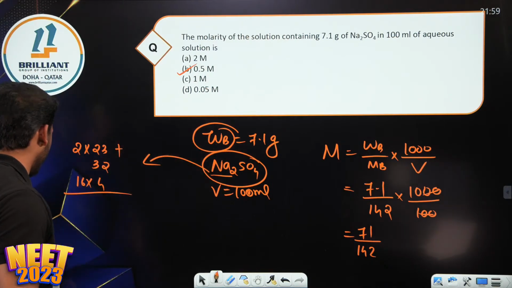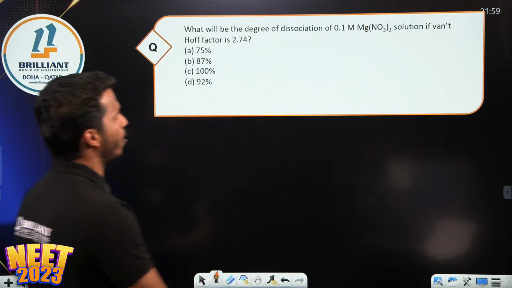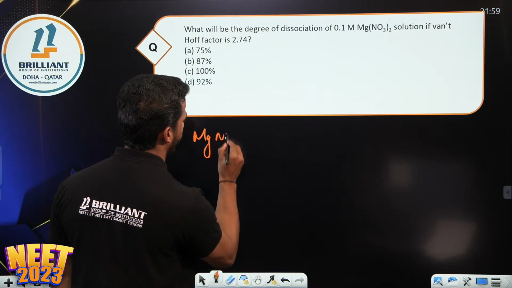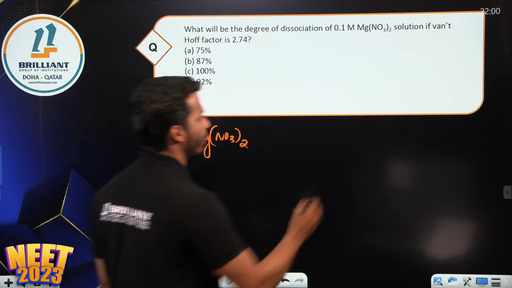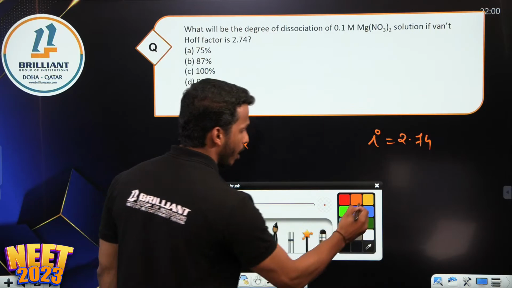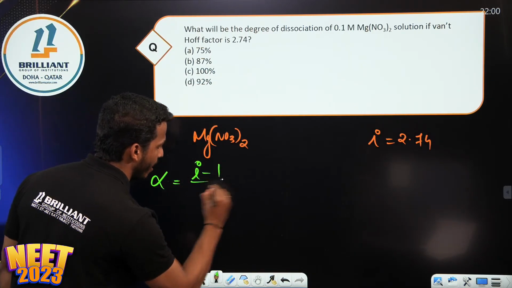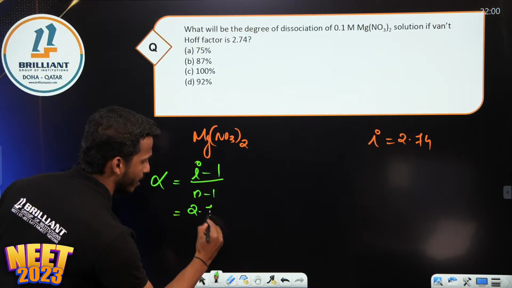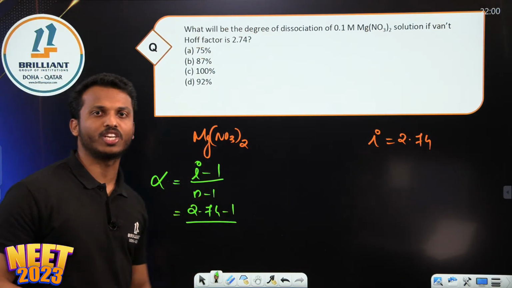It's also important. Next question, what will be the degree of dissociation of 0.1 molar magnesium nitrate, Mg(NO3)2, solution where the Van't Hoff factor is given as 2.74? Dear all, you know degree of dissociation is calculated by alpha is equal to (i minus 1) by (n minus 1). Where i value is given, 2.74 minus 1, divided by what is the n value of magnesium nitrate?